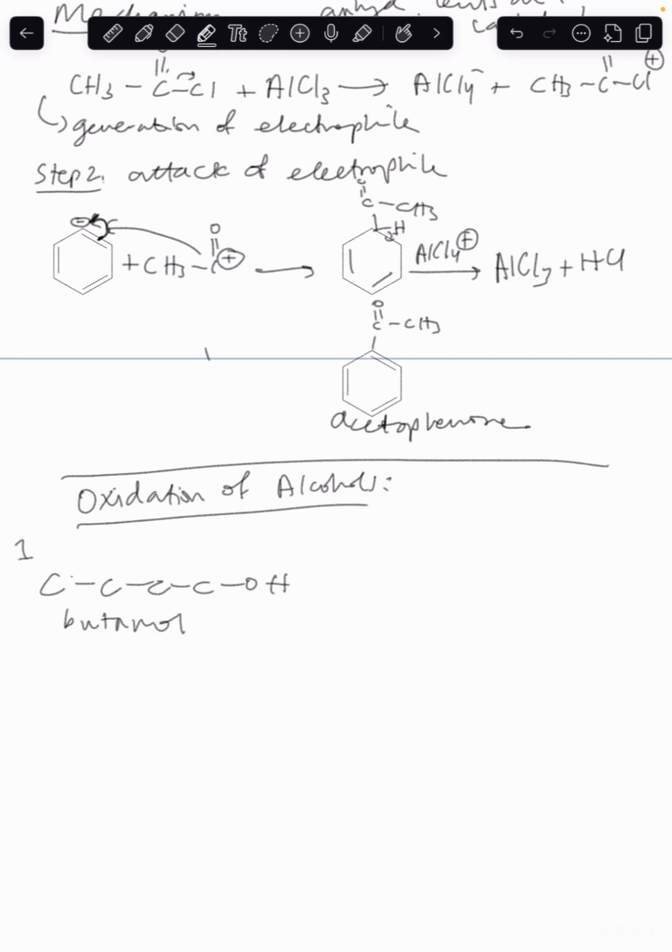It is a 1 degree alcohol. The reagents which are required are H2SO4 and K2Cr2O7, or we could use KMnO4, alkaline KMnO4 also for this reaction. So what we'll do is this will form butanal.